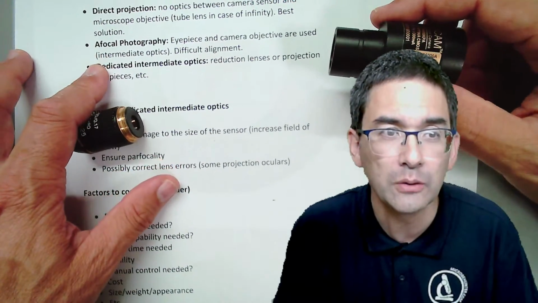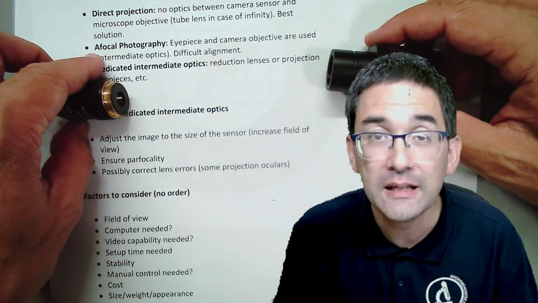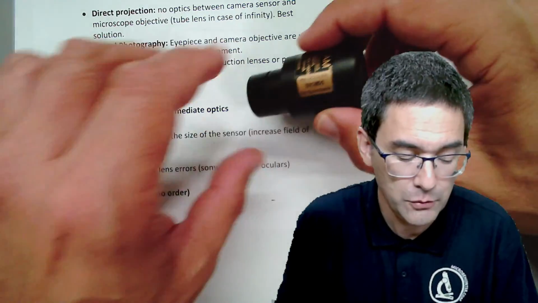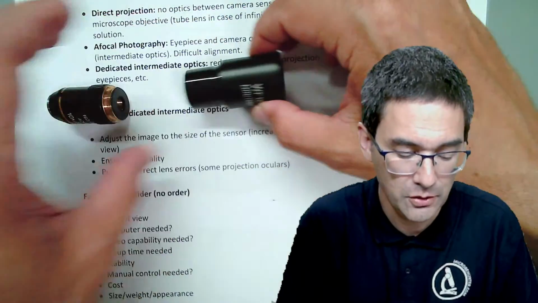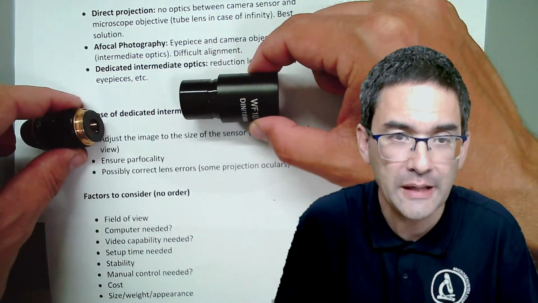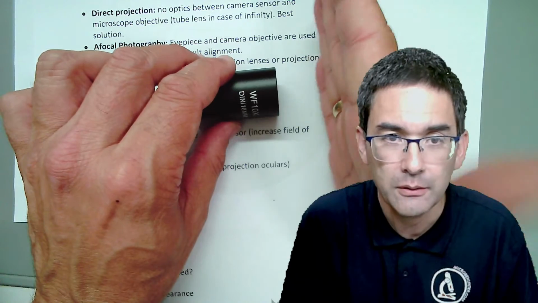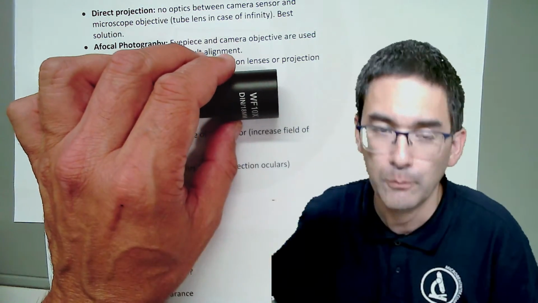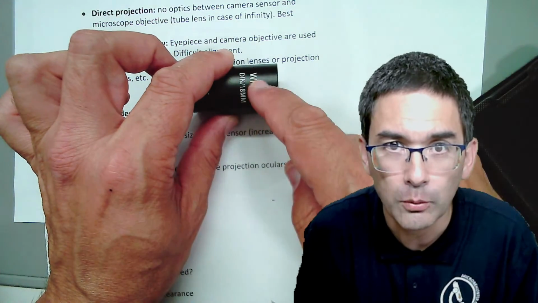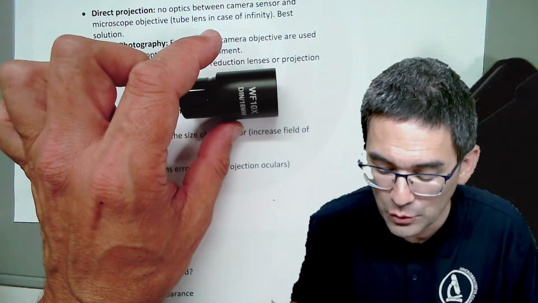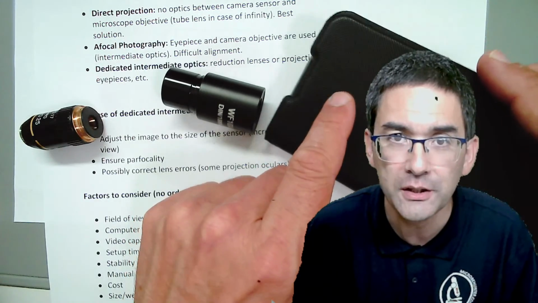The second case is called afocal photography. And in afocal photography, you're using an eyepiece, like the one over here. So you've got the objective, of course you've got an eyepiece, and then you put a camera here in front, like for example a mobile phone. So what you're doing is you're using the optics of the microscope, and you're using, of course, also the camera optics to make an image.